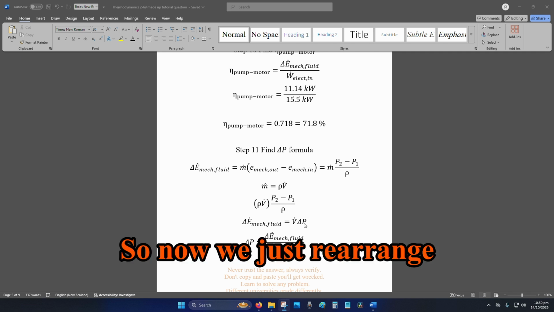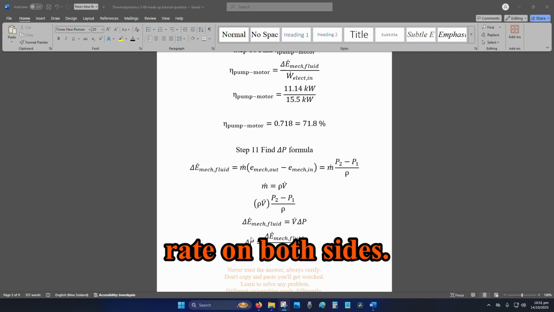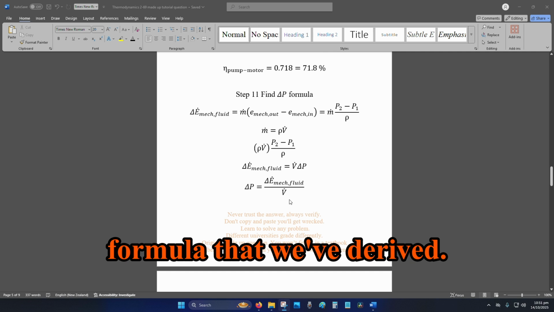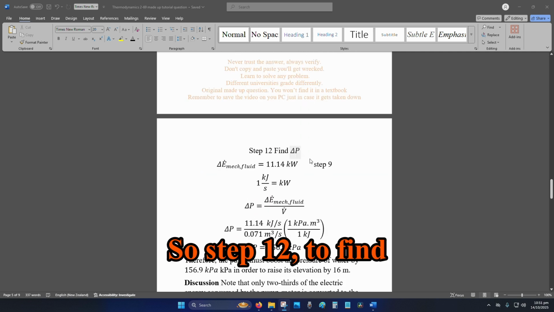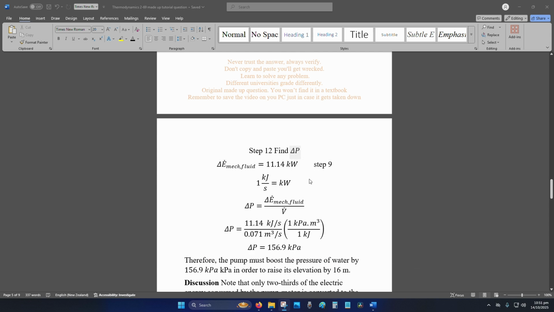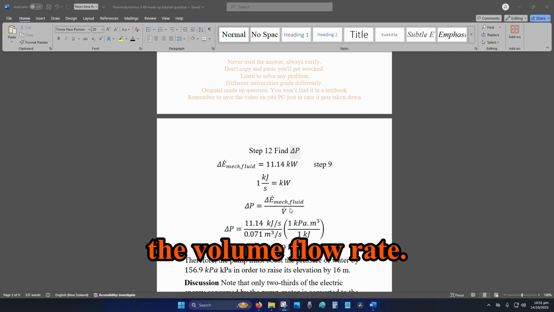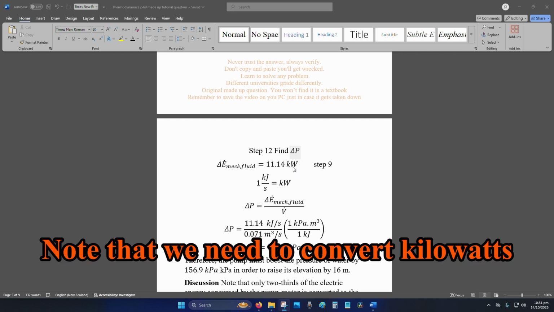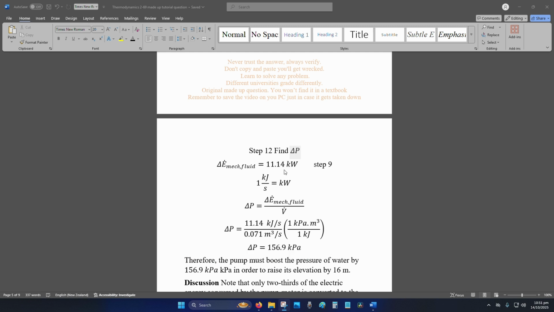Now we just rearrange by dividing volume flow rate on both sides. And this is the formula that we've derived. So step 12, to find the change in pressure, we divide the change in mechanical power in terms of fluid by the volume flow rate. Note that we need to convert kilowatts to kilojoules per second so we can cancel out the units.